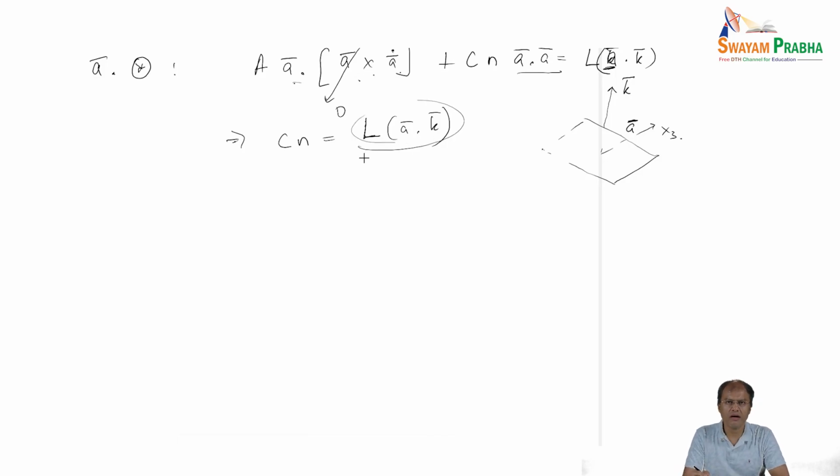The conclusion is that the spin of the system along the vertical axis is fixed, constant, conserved. Let me call this angle alpha, and then the right hand side becomes L times cos alpha.